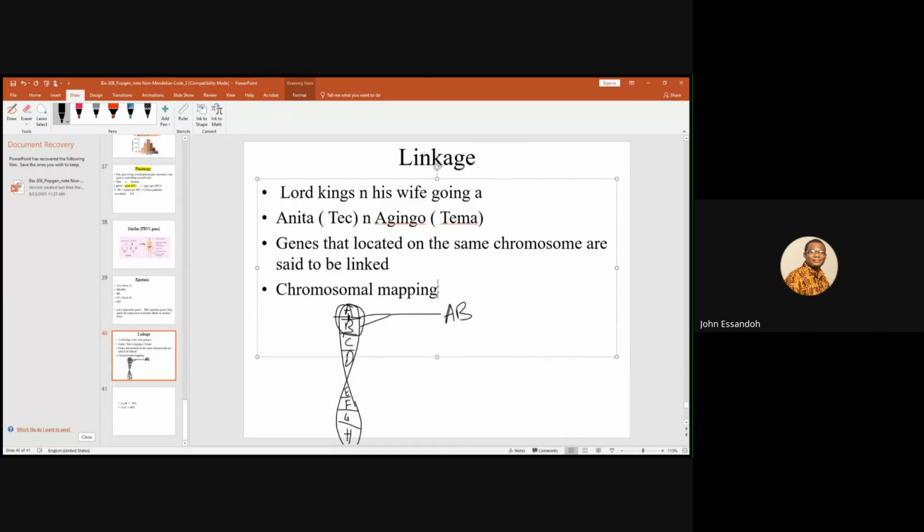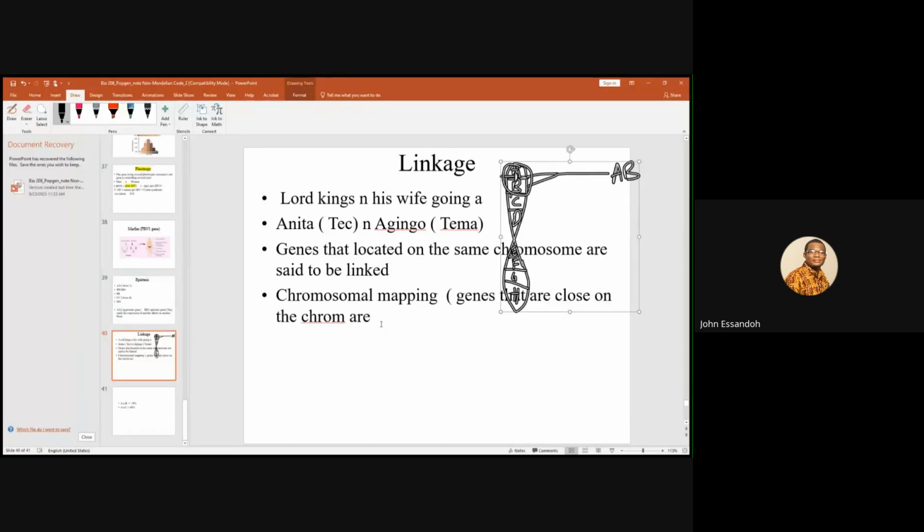When the genes are close, there is low crossing over between them. So genes that are close on the chromosome are likely to be inherited together.